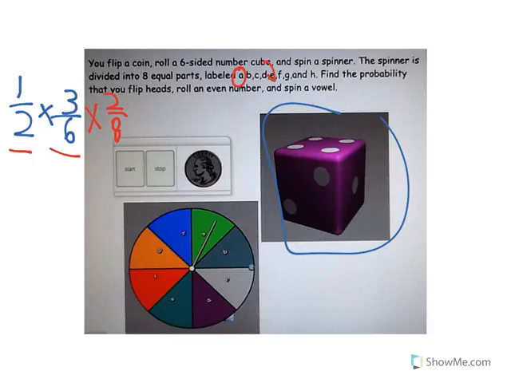So when you multiply those all together, you're going to end up with 6 over, because 1 times 3 times 2 is 6, 2 times 6 is 12, times 8 is going to be 96, and then we could simplify that to 3 over 48. And that's simplifiable too, so it's going to be 1 over 16. So that's your probability that will happen.